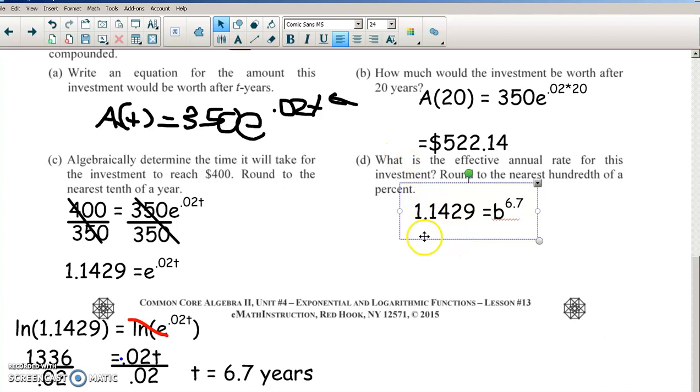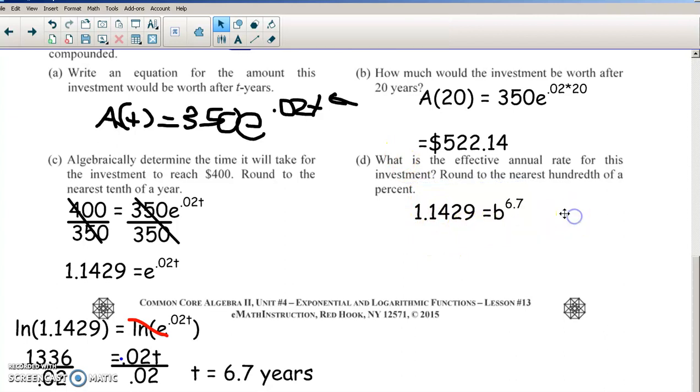So here I now have this equation, and I've got to get this 6.7 years away so I can find out what the overall growth rate was over this time. So we're going to use exponents, and the only way that I can get rid of an exponent is with its reciprocal.